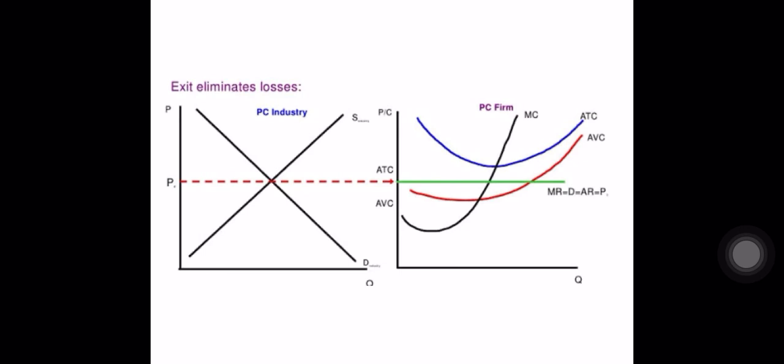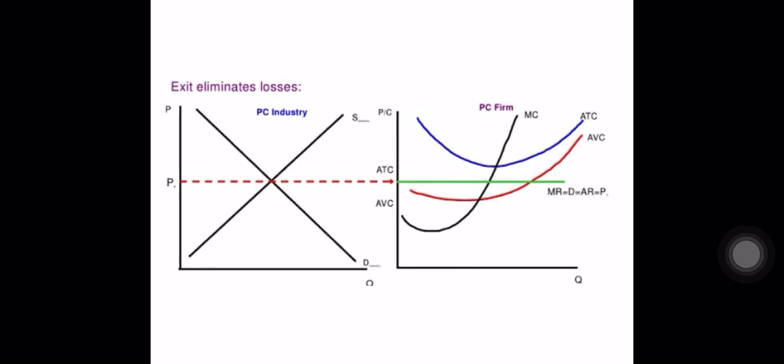So in the long run, when people can see that their neighbors or their friends or kung sino man ay nakikita nilang nag-earn ng profit, do you remember our characteristic? Ease of entry and exit. No barriers to entry. So therefore, anybody can just penetrate the market.